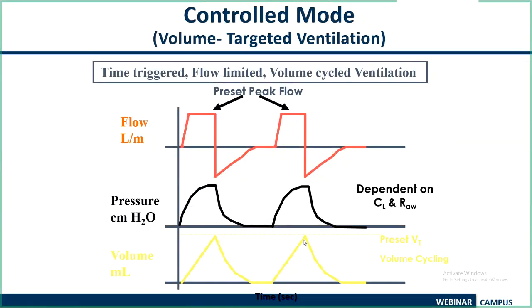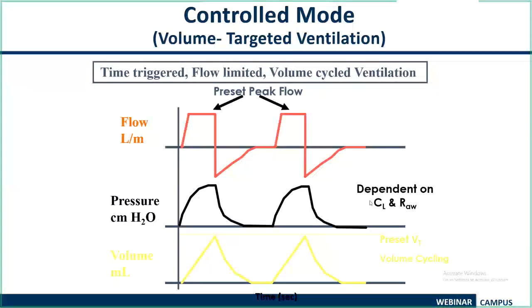So what is the problem? Suppose if the lung is very stiff, then the pressures will shoot up too high and that can produce barotrauma. So whenever you put the patient on volume control, in the monitoring slot you have to always monitor peak and P plateau as well, because you don't have control over peak and P plateau.